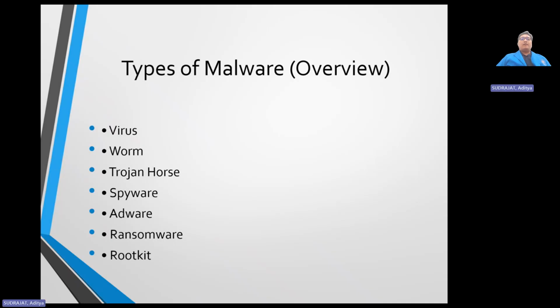A worm is similar to a virus, but it spreads among our computers and makes our computer slow. Meanwhile, the Trojan horse is like a legit program, and if we click on it, it contains malware and can infect our data and also our hardware.